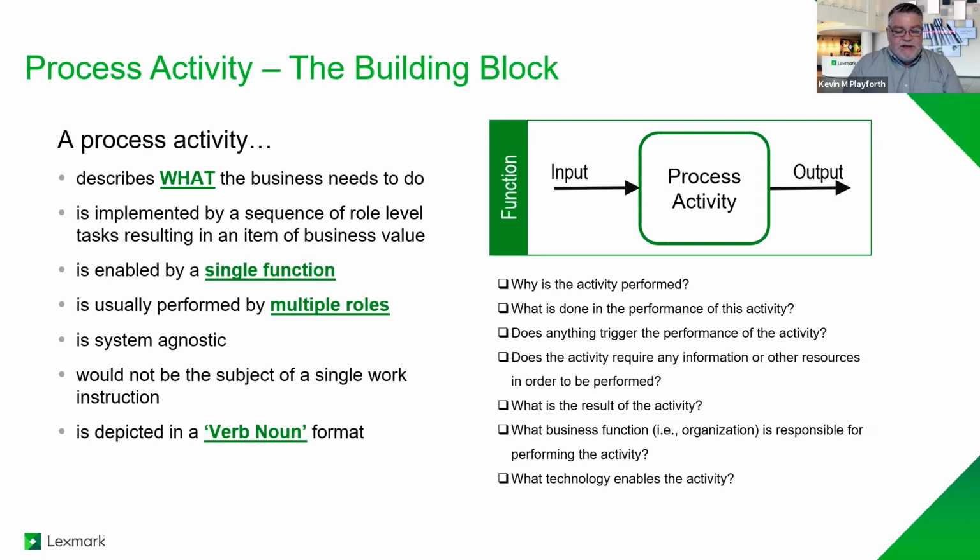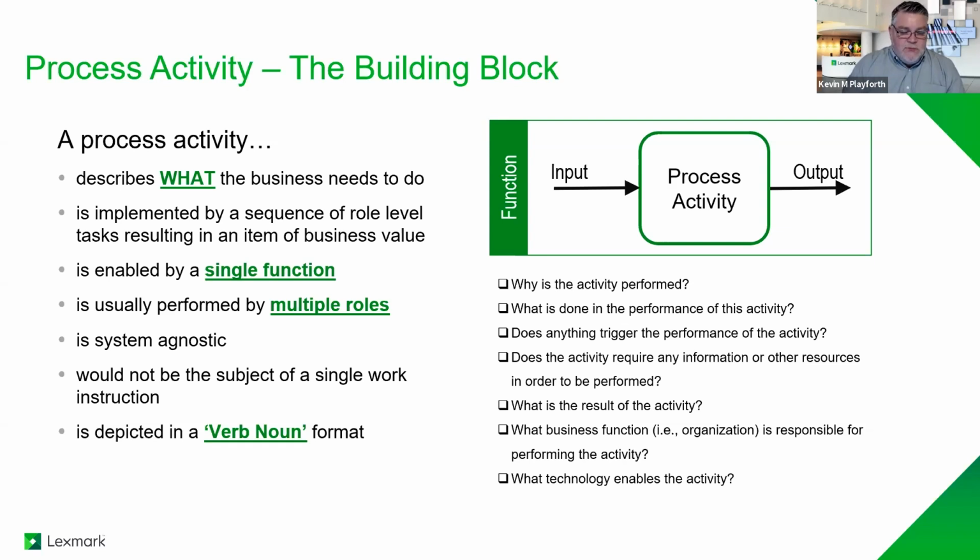Key piece of this, and if I have in the audience any IT practitioners out there, this might offend some of you, but a process activity is system agnostic. This is a very important piece in order to make our methodology of enterprise digital twin work on the process side, because we need to create a stable architecture that doesn't change as system and technology changes.